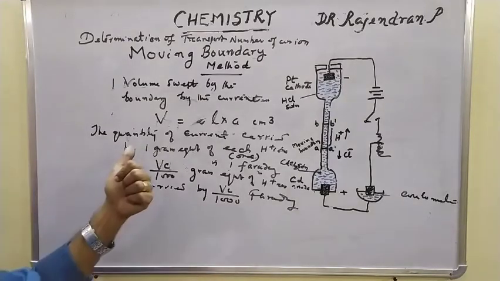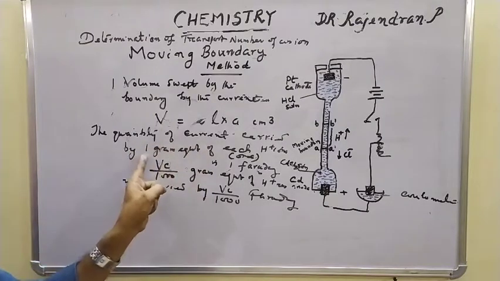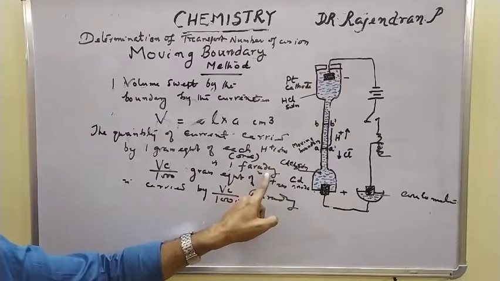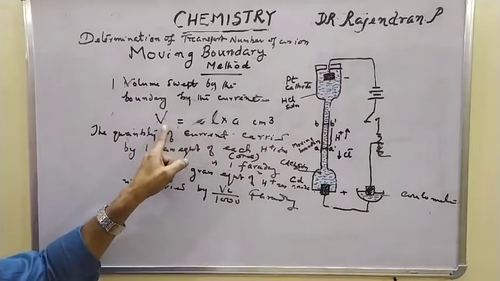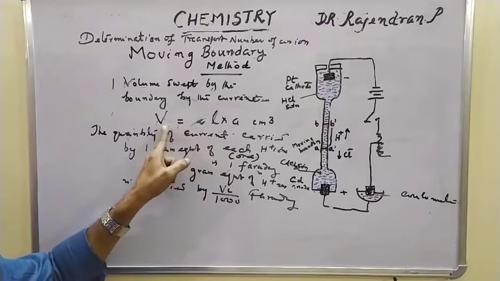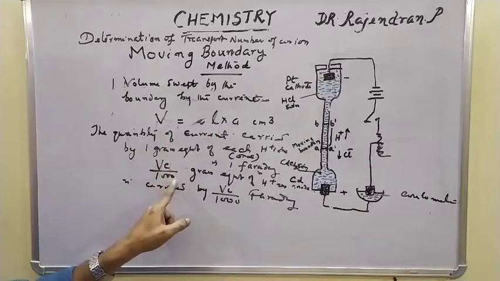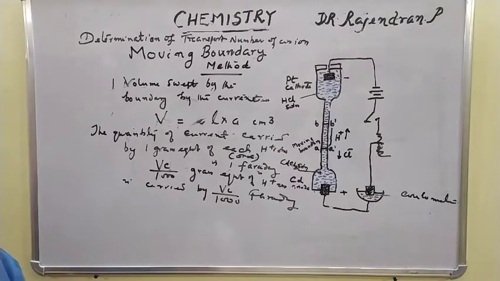So according to our argument, 1 gram equivalent of H plus ion is carried by 1 Faraday of electricity. Therefore, the number of gram equivalents present in V cc of the solution of concentration C is Vc by 1000.